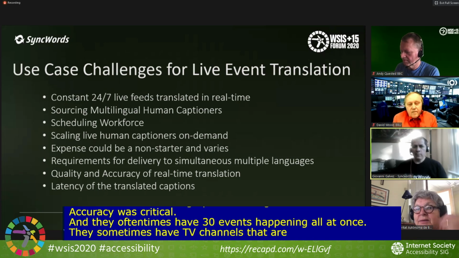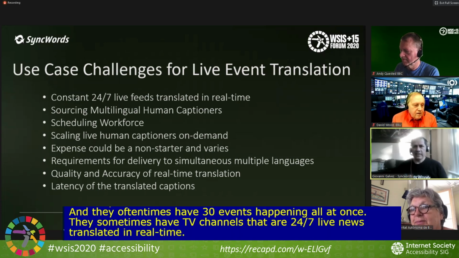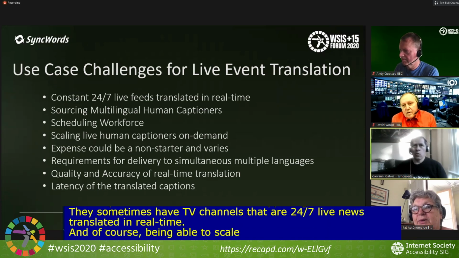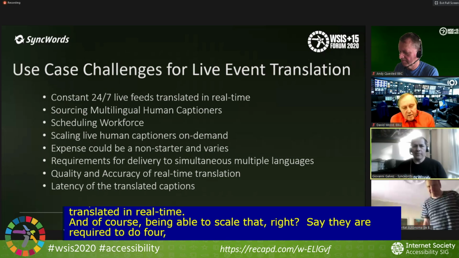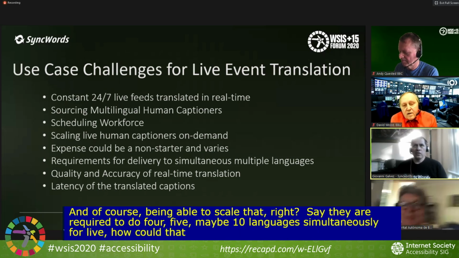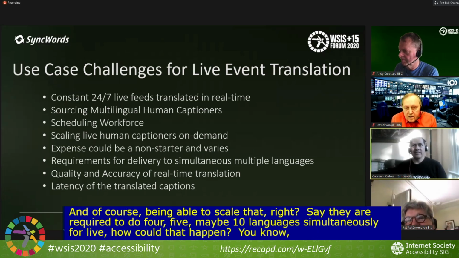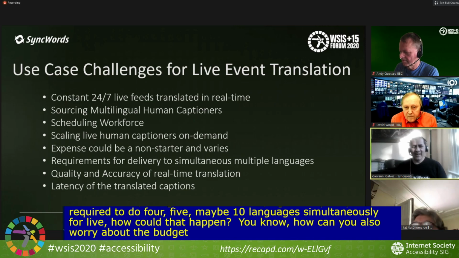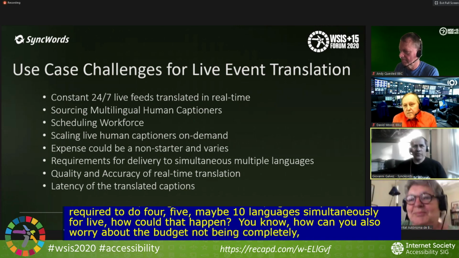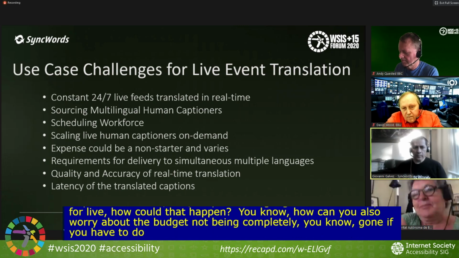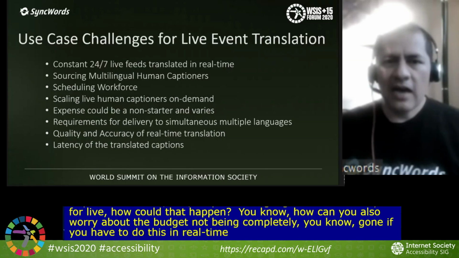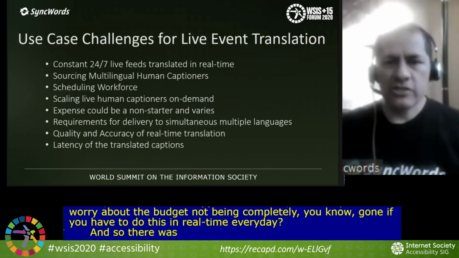And of course, being able to scale that, right? If they are required to do 4, 5, maybe even 10 languages simultaneously for live, how could that happen? How can you also worry about the budget not being completely gone if you have to do this in real time every day? So there were a lot of aspects to this that were very challenging.